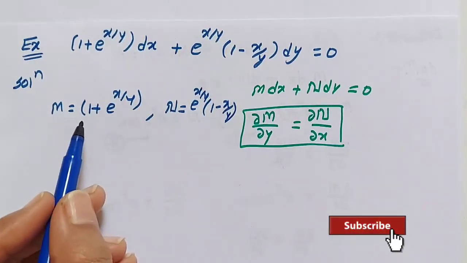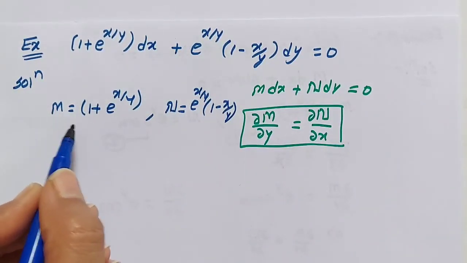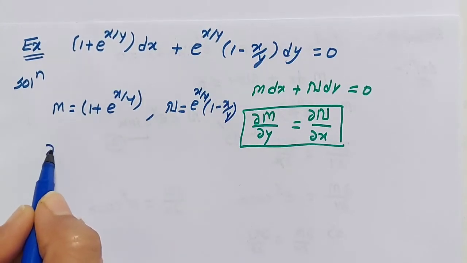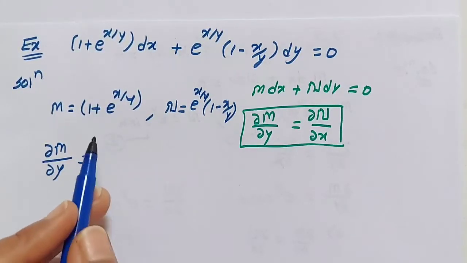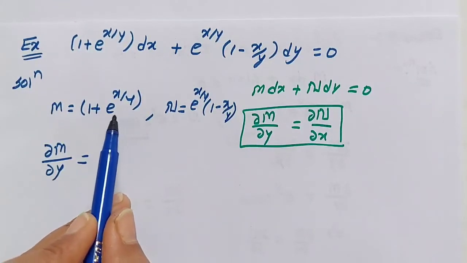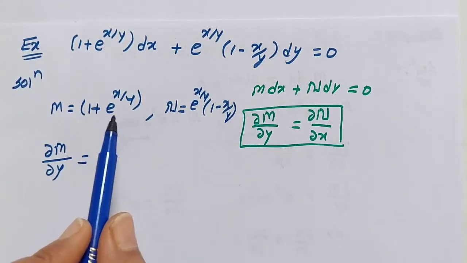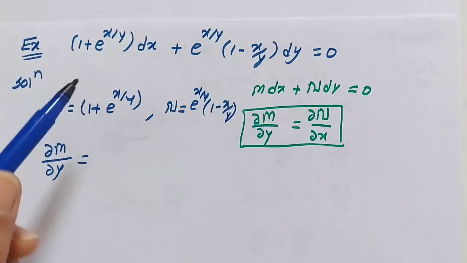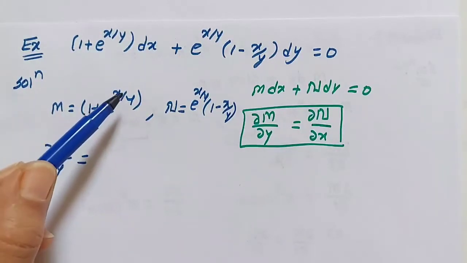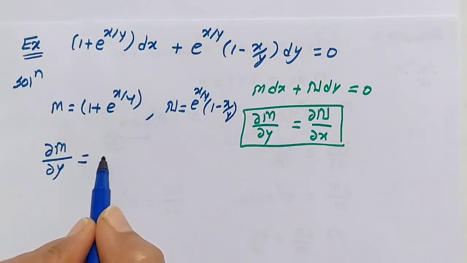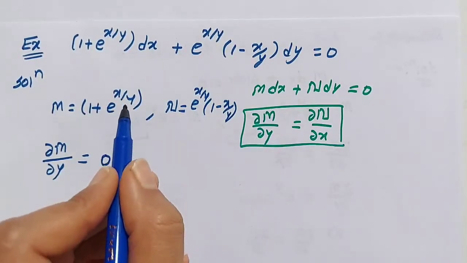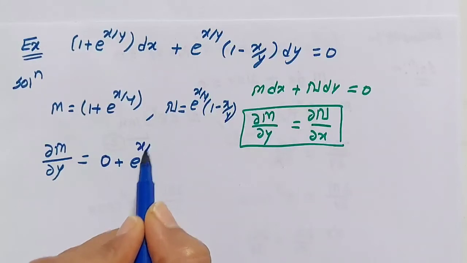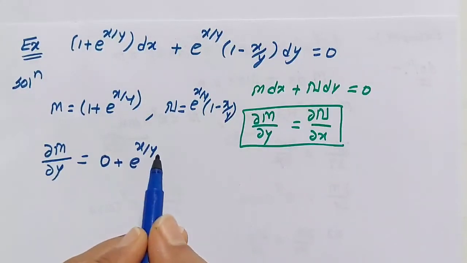Now if we take the partial derivative of M with respect to y, that means keeping the remaining variables as constants. Here it contains x and y. We are differentiating with respect to y, so we have to keep x as a constant. So the partial derivative of this term is: the derivative of 1 is 0, the derivative of e raised to power x by y is e raised to power x by y, again times the derivative of the power term.